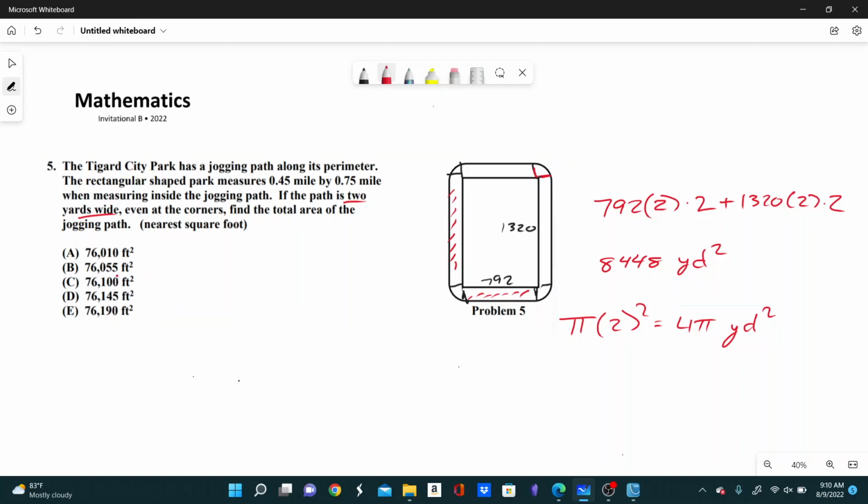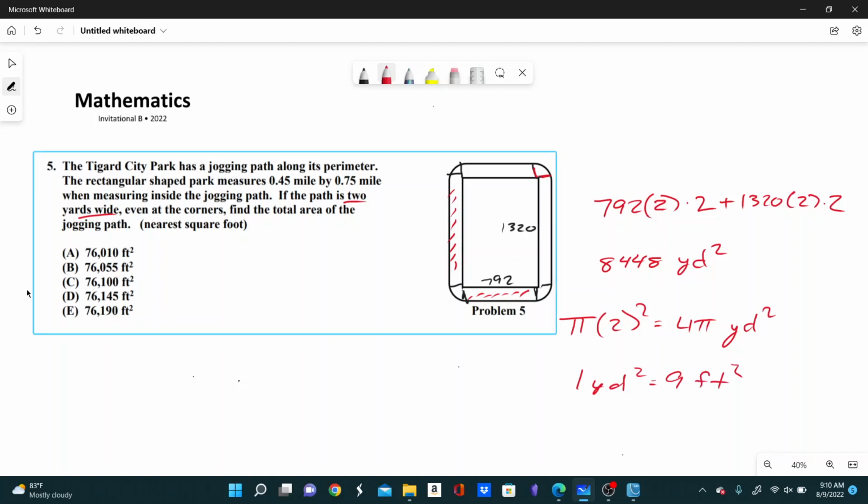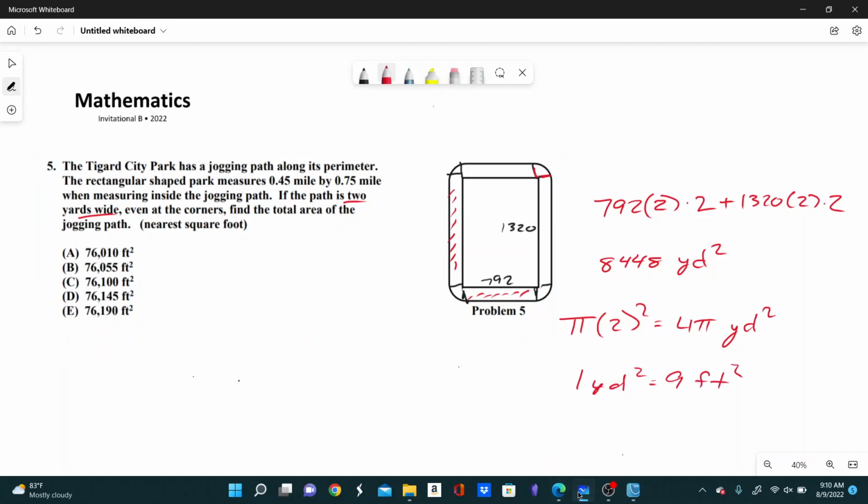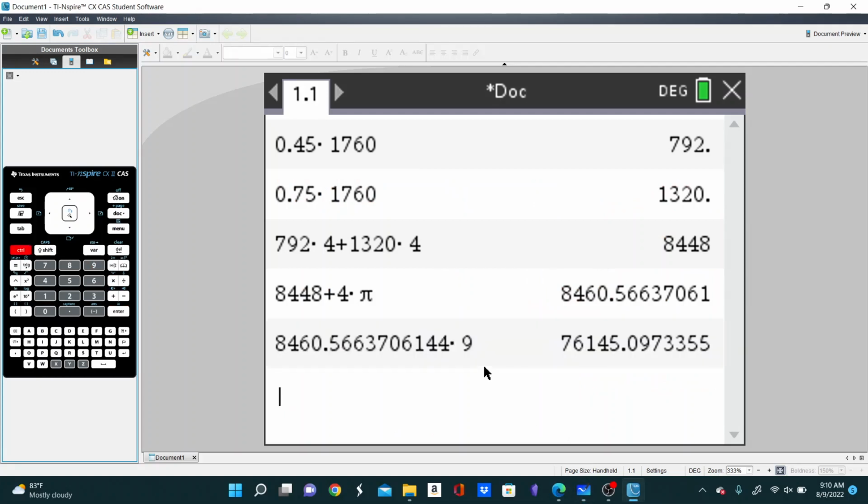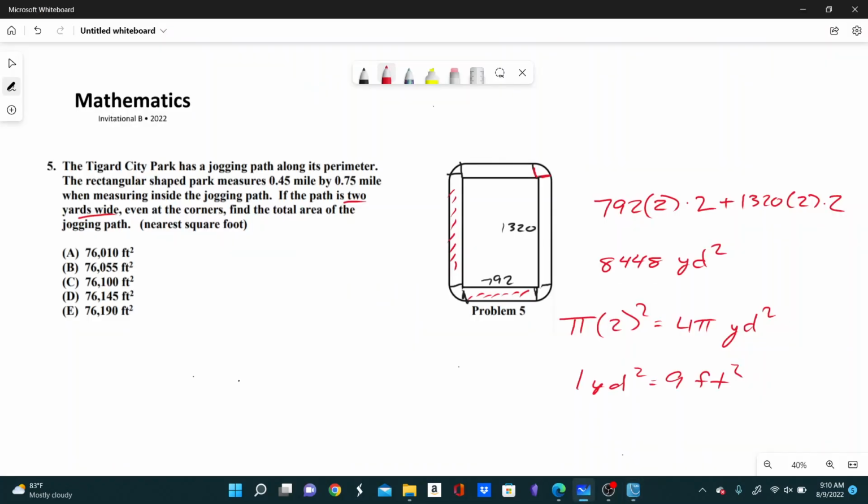So we just have to use the conversion 1 square yard is equal to 9 square feet. So that just means we have to multiply our answer by 9. So times 9. So we get an answer of 76,145 square feet. 76,145, and that's answer choice D.